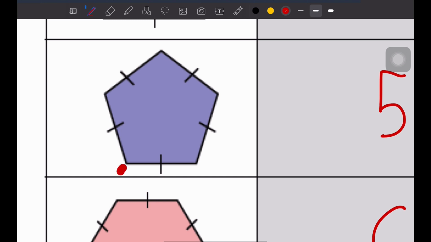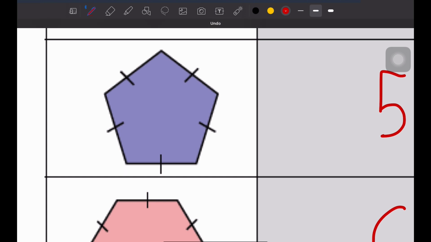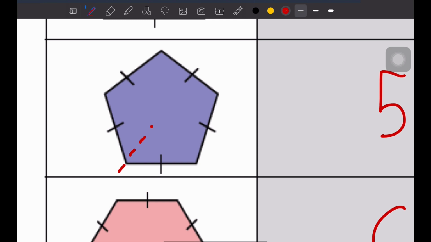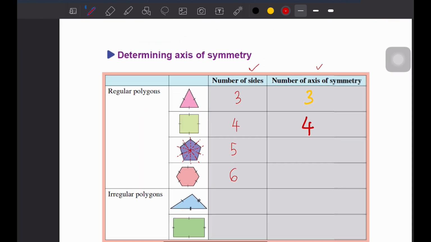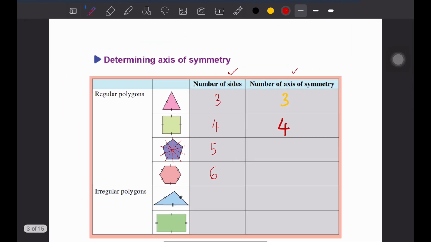This is the first one. 1, 2, 3, 4, 5. So 5 sides, 5 axes of symmetry.